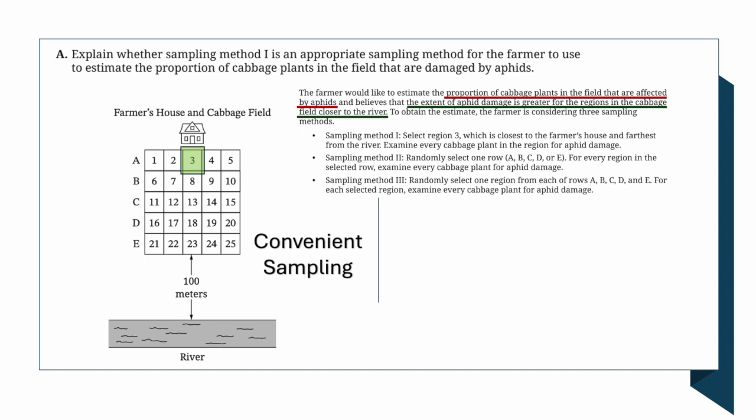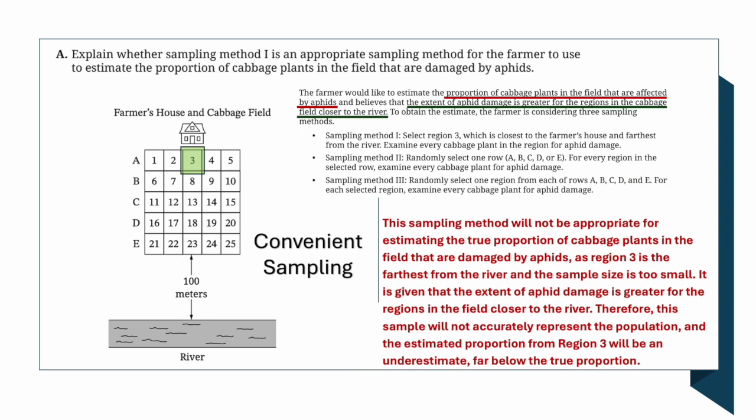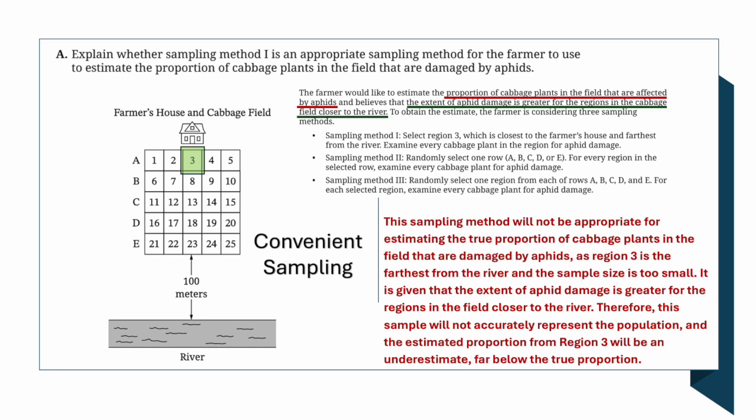So now how are we going to word this? Let's add some context. This sampling method will not be appropriate for estimating, what is our context, for estimating the proportion of cabbage plants in the field that are damaged by aphids. And now explain why. As region 3 is, so what is one variable that can affect this?